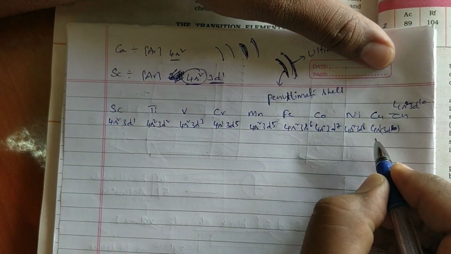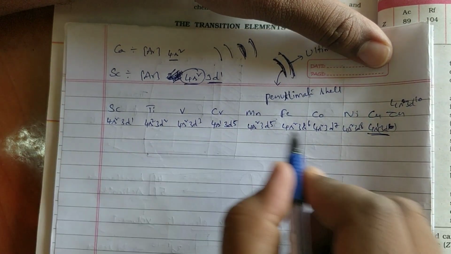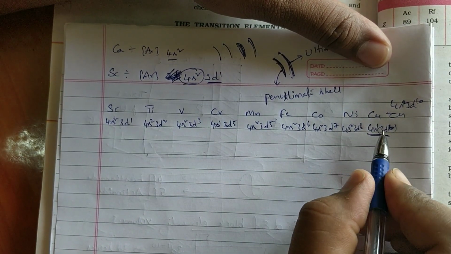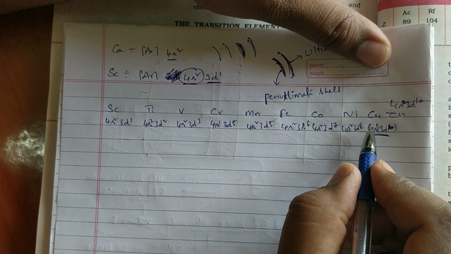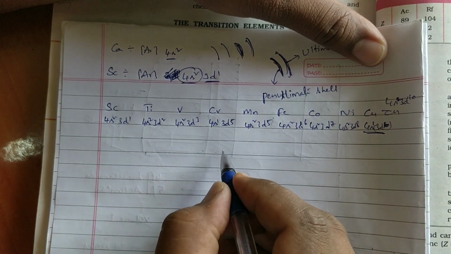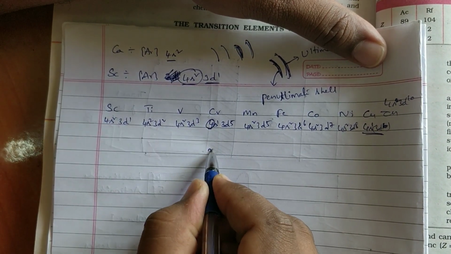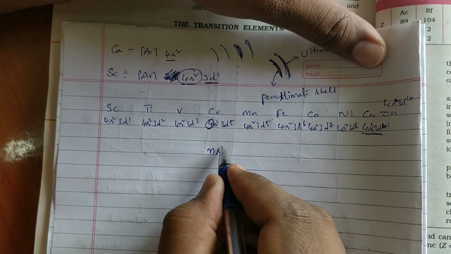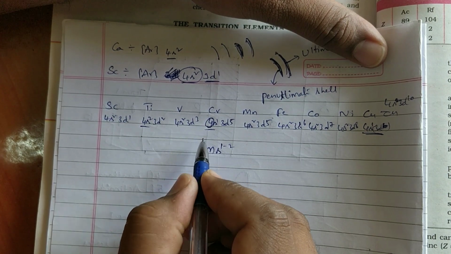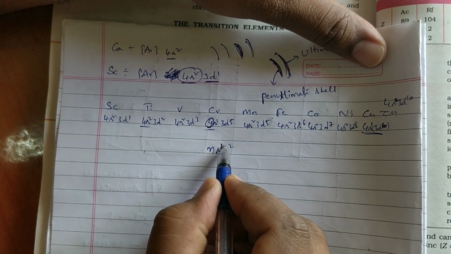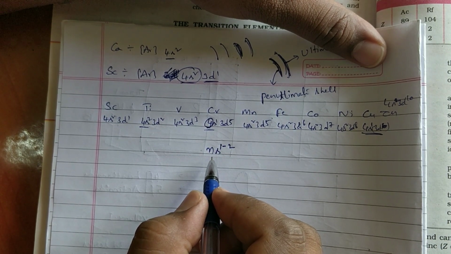Along with s2, the s subshell will show 1 also. That's why they wrote the general configuration. Some elements have 4s2, some have 4s1, so we can write 1 or 2 according to the exceptional configuration of that element.